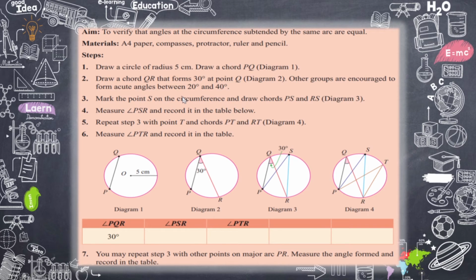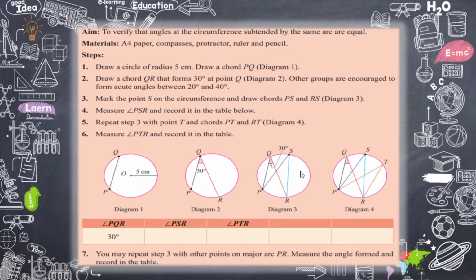Mark the point S on the circumference and draw chords PS and RS based on the diagram 3. You can see, mark the point S on the circumference.